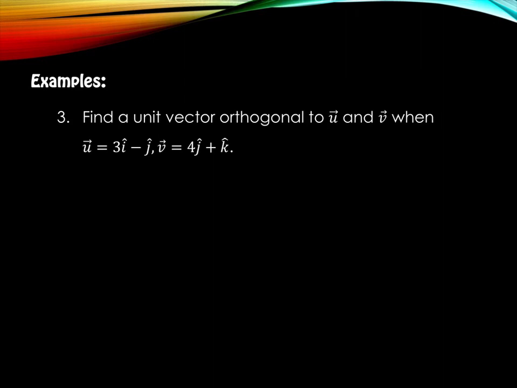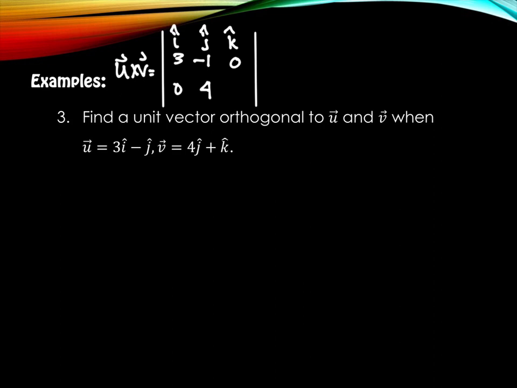So we're going to set this up again in our vector form for u cross v. i, j, k. So i is 3, j is -1, and k is not present, so it's 0. i is not present in vector v, so it's 0. j has got 4, and then the k is 1.